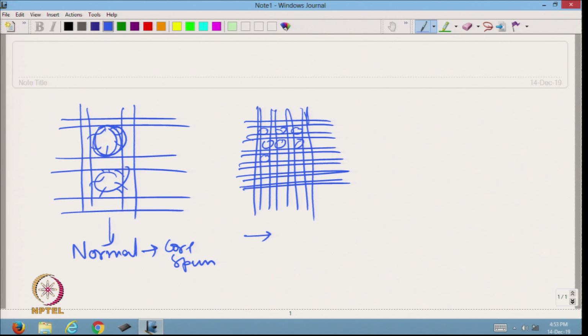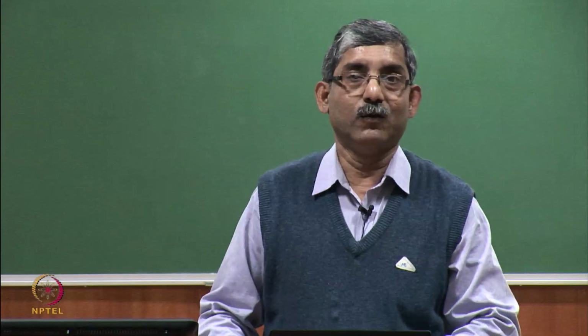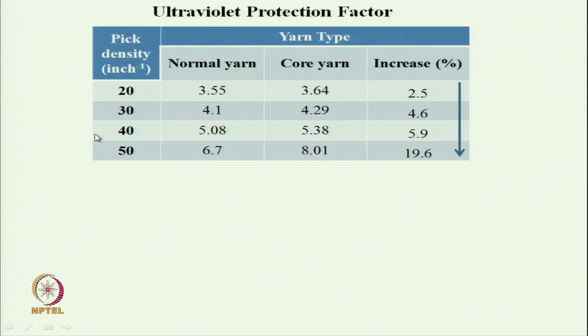When the fabrics are compact, the presence of hairiness will have a significant impact on the UPF. That is why the UPF increases more during flattening when the cover percent is high. So, here the cover percent is high, the impact is 19%. This impact is mainly due to the hairiness present.